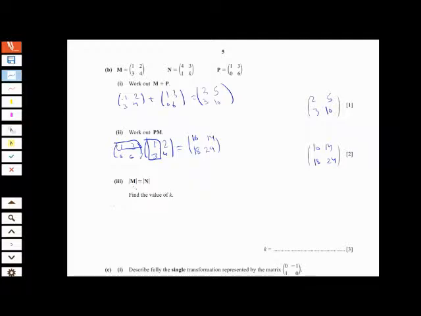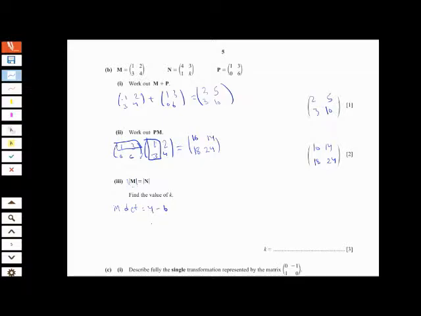Determinant. These brackets right here mean that they're talking about the determinant. So the determinant of M equals the determinant of N. Let's find the determinant of M first, which is 1 times 4 minus 2 times 3. 4 minus 6, which is minus 2.